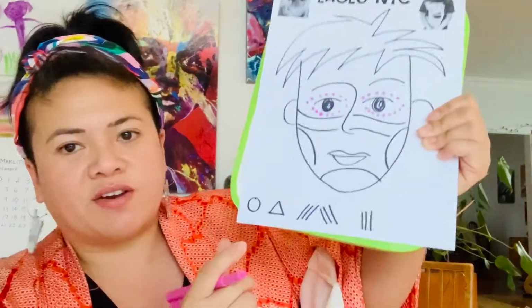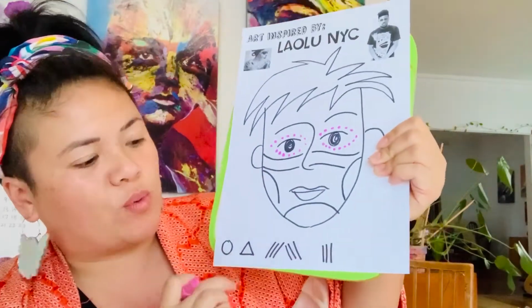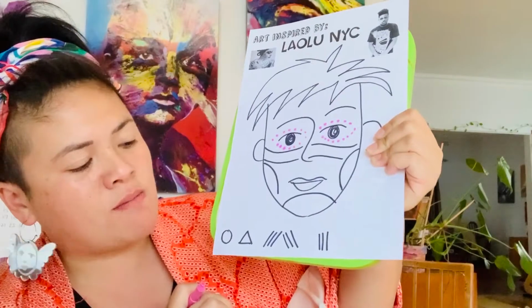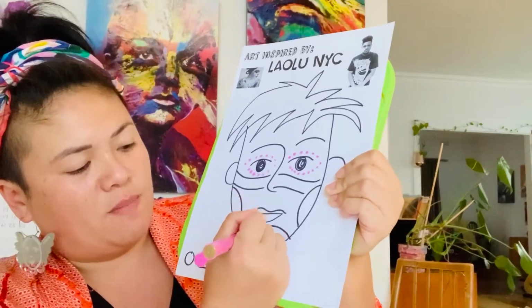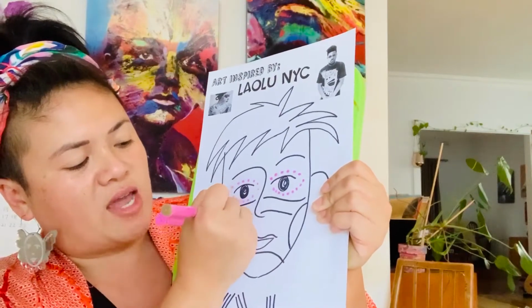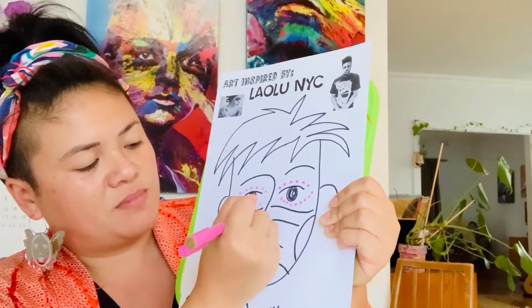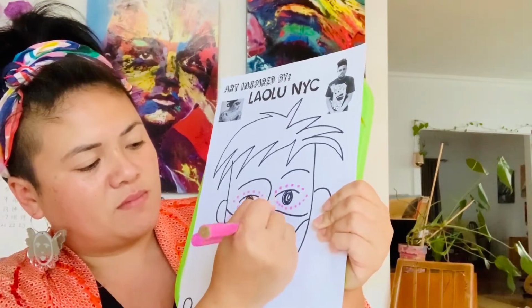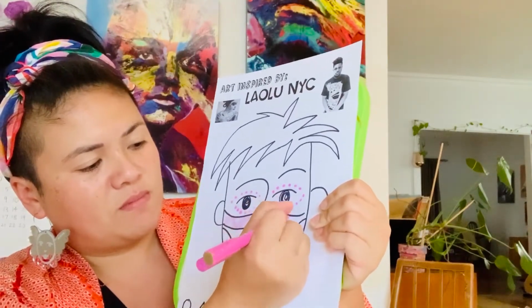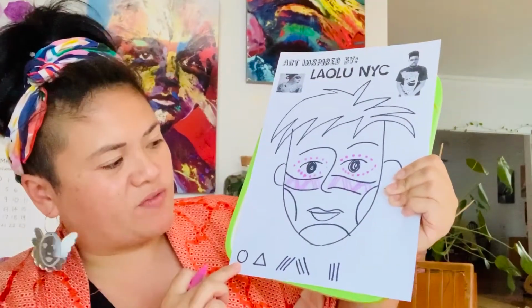What I've got down here, and I'll take a photo of this, are some simple shapes that we can use. So what I might do is just some diagonal lines, like this. And what else have I got?